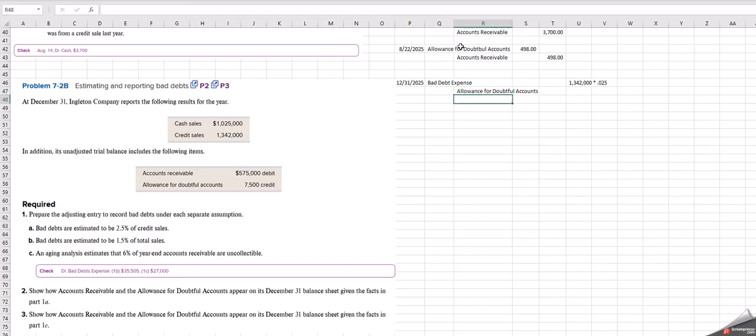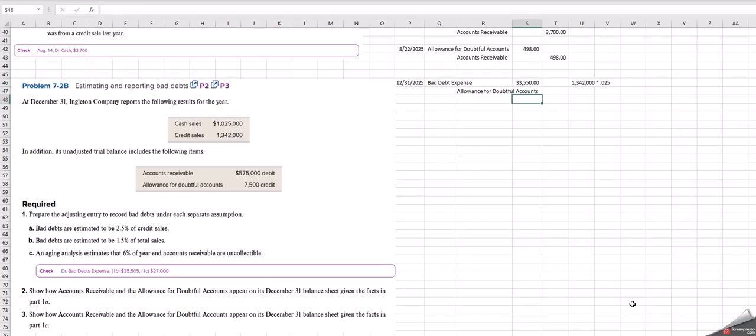It's going to be big. I see I made another spelling mistake up here. Okay. But then I'll go ahead and let Excel do the math of it. So equals 1,342,000 times 0.025, and that gives us 33,550.